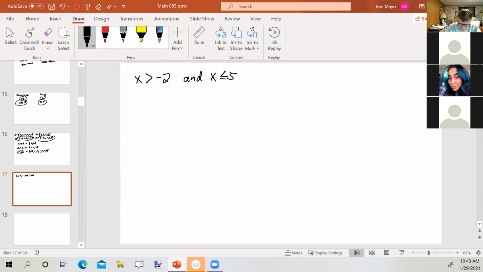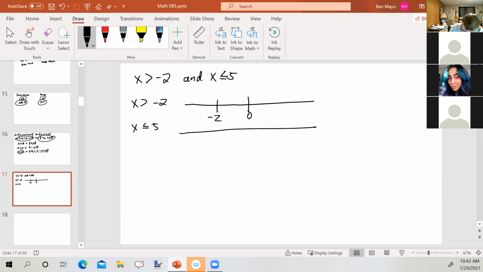All right. So what I'm going to do, and you don't have to do it this way, but I highly recommend it, I'm going to graph each of these pieces separately so that it will allow me to see what the graphs look like. All right.